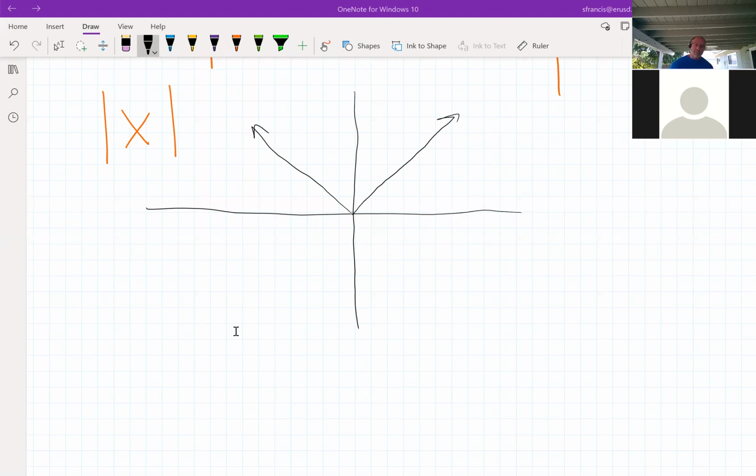Don't panic. Usually the initial understanding that students get with the absolute value function is that it's the distance from zero. That's one concept, and it's not wrong. Okay, don't let me mislead you. But a lot of students, their understanding of the absolute value function is its distance from zero, which is okay as a beginning understanding.